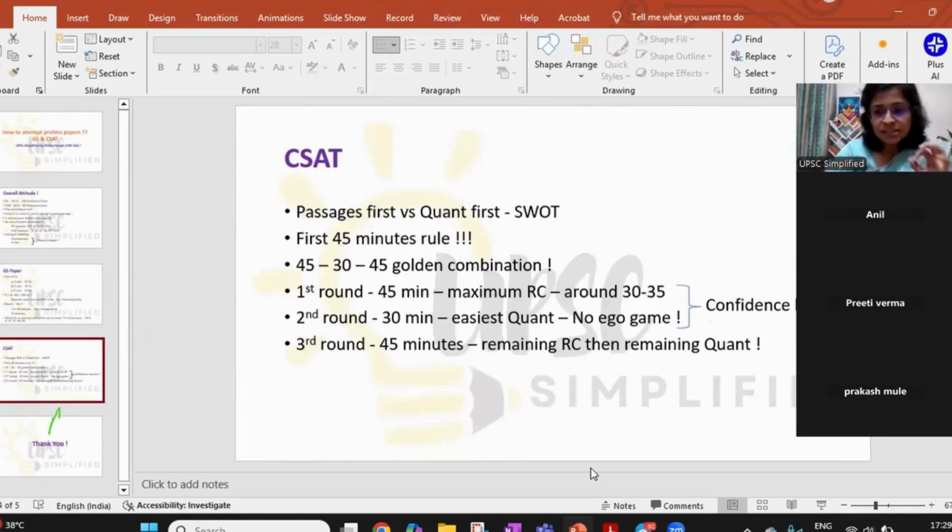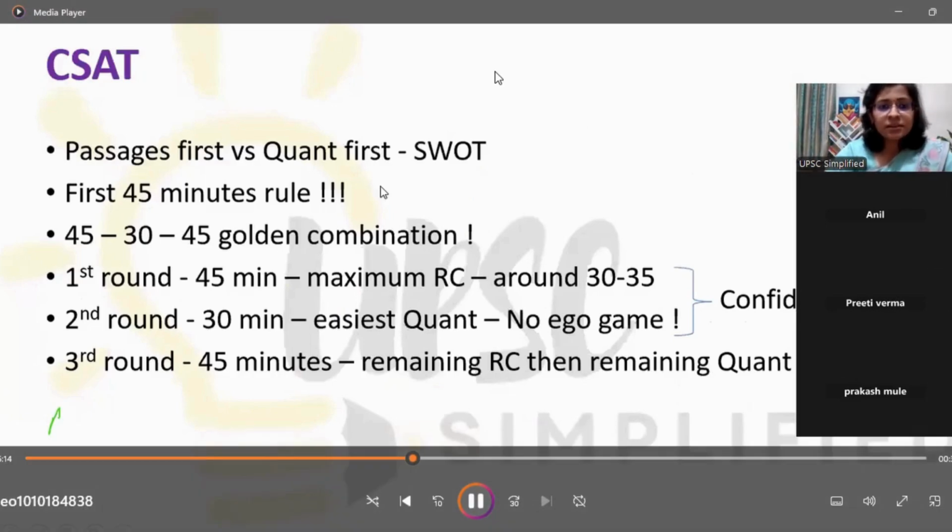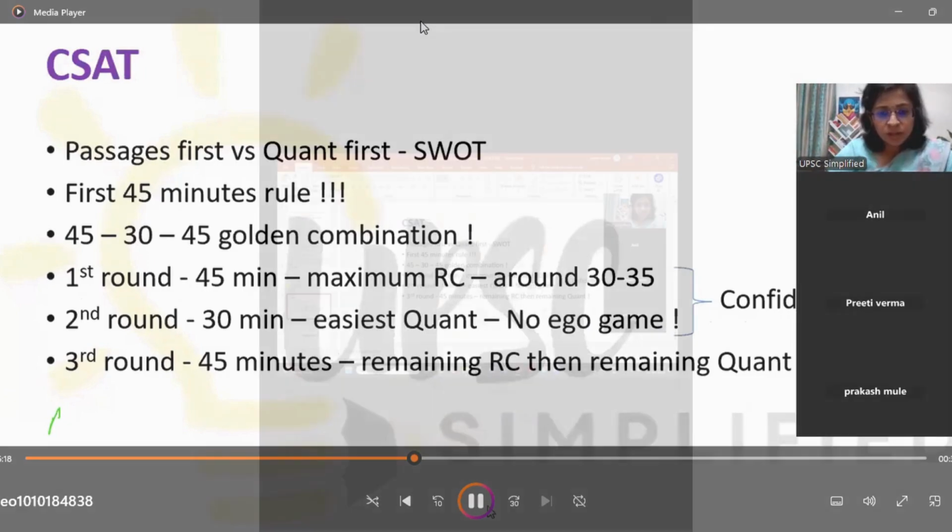Okay, now CSAT. For CSAT it is very, very important. First I will take the device and show you how to do that.